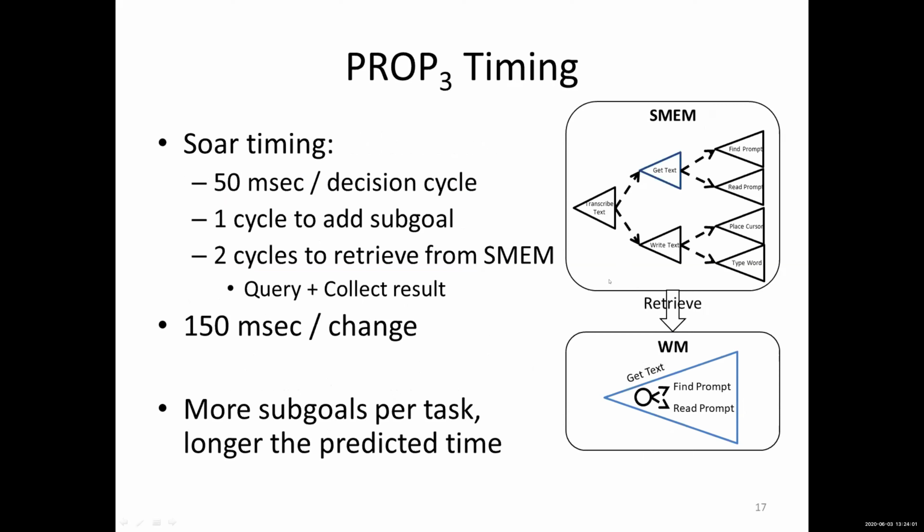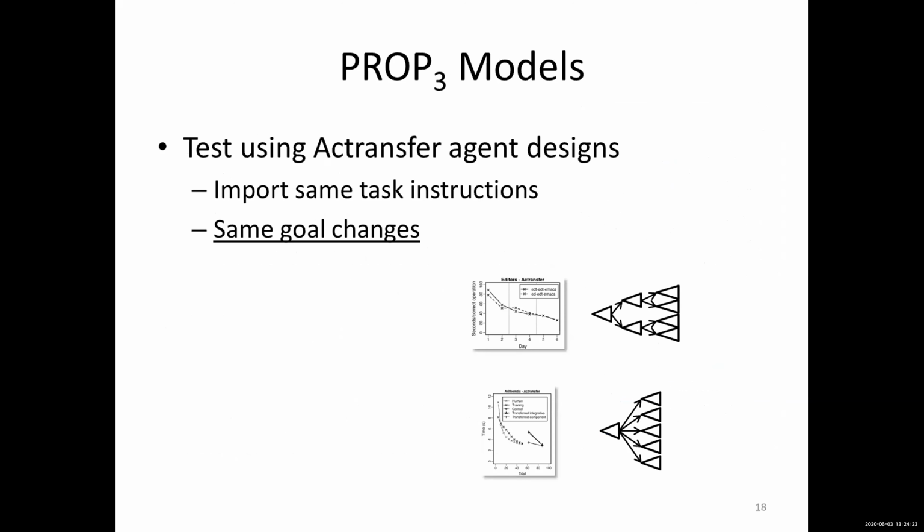So using this model of retrieving this procedure context description of a problem space from SMEM into working memory, that would take 150 milliseconds per change, 1 to enter the substate and 2 to actually query the result. And you do this every time you enter a substate. So we predict the more subgoals per task, the longer the predicted time.